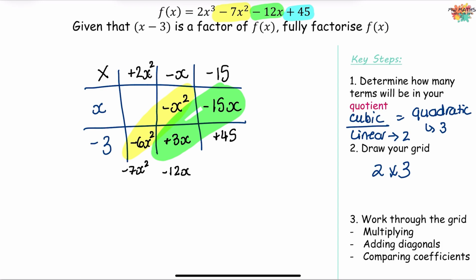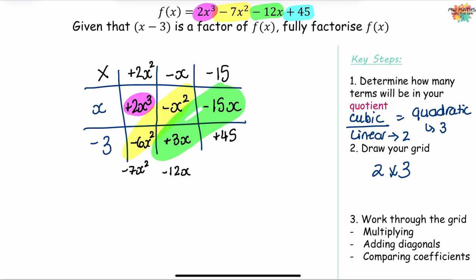So check, 2x squared times minus 3 is minus 6x squared. Awesome. Let's fill in the last box. And if I've done everything right, then this last term should match up with the first term of your cubic. And does it? Yes, it does.